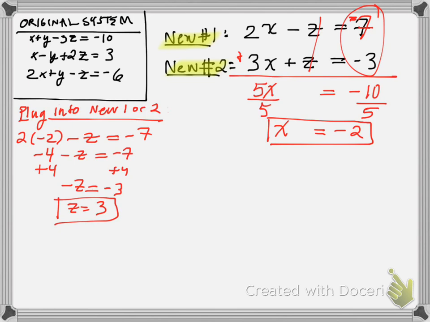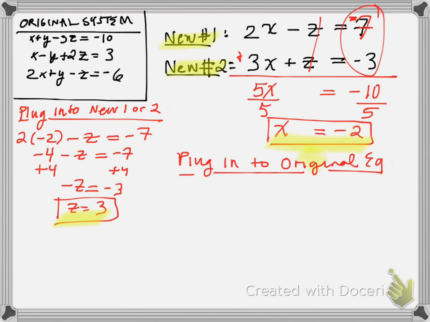Okay, now I'm going to take x and z and plug both of those into one of the original system equations. So the last step is plug into an original equation, and we can find y that way. So I'm just going to pull the first equation, which is x plus y minus 3z is equal to negative 10.